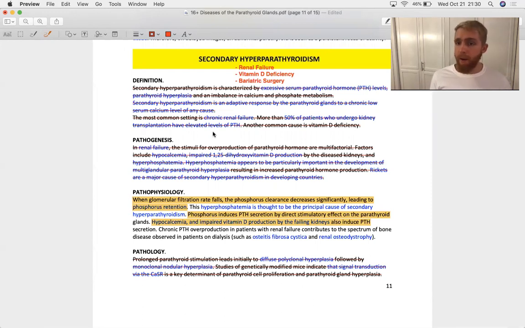And then finally, bariatric surgery, something like a Roux-en-Y bypass, in which a large part of the small intestine is excised or rerouted. Well, where does most absorption of foods take place? The proximal small intestine, the duodenum into the jejunum. So you have some sort of bypass surgery.